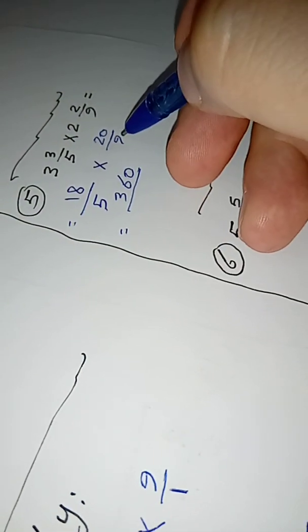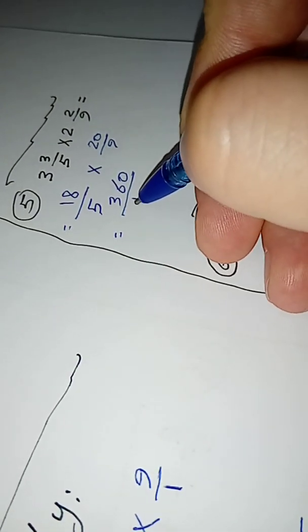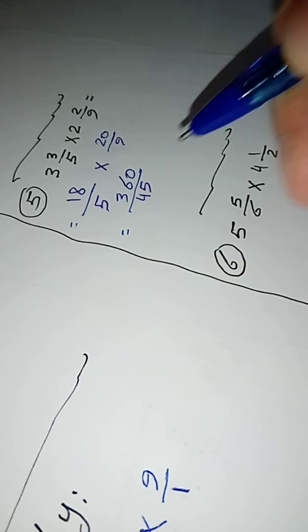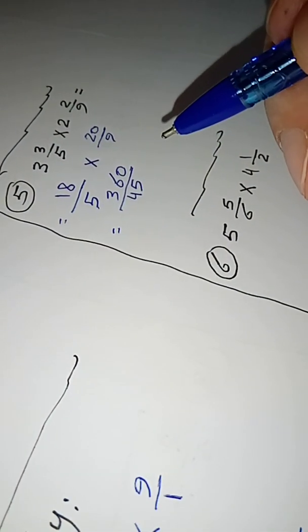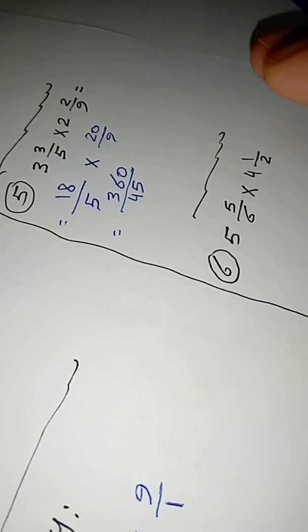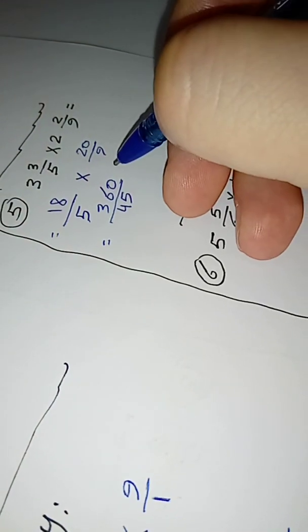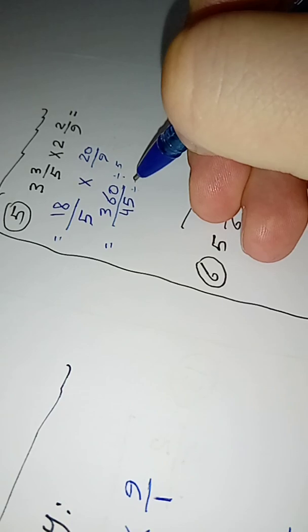And here 5 times 9 will be 45. Here we can do the simplest form. We can divide by 5, divide by 5.